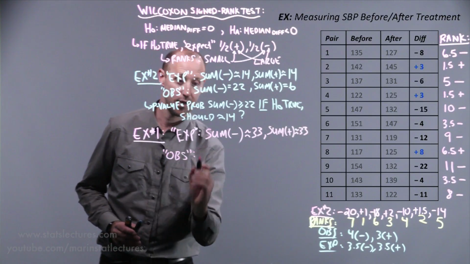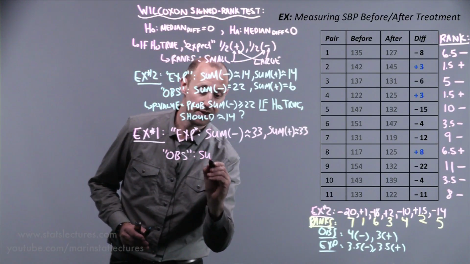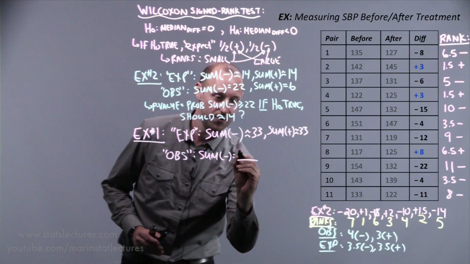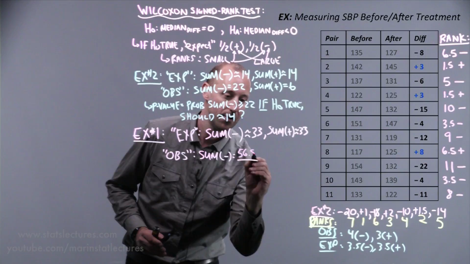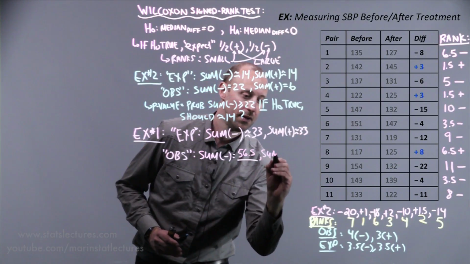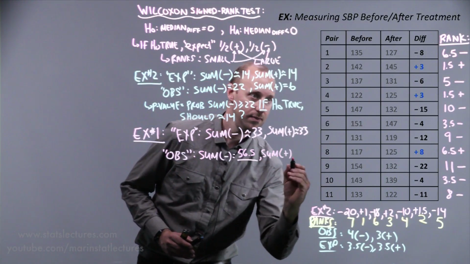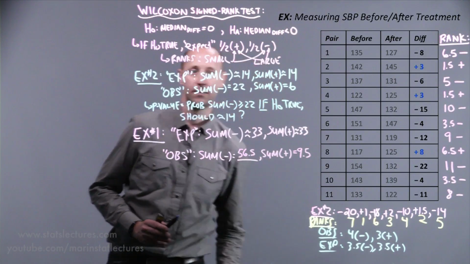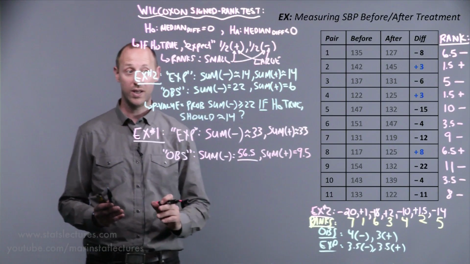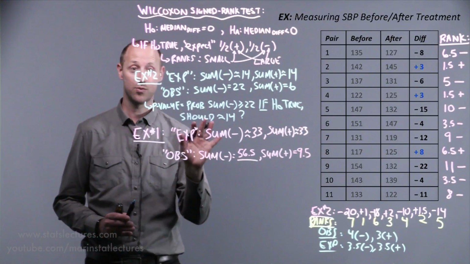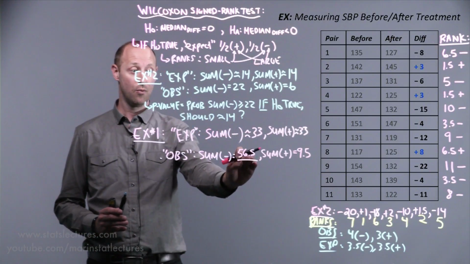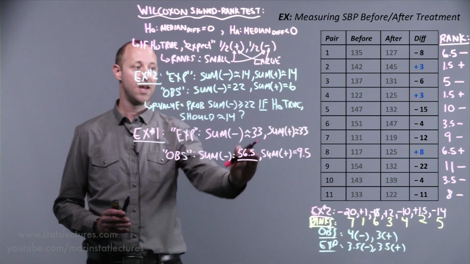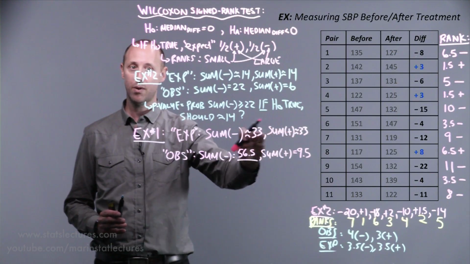When we actually did this for our observed data, we saw that the sum of the decreases came out to be 56.5, and the sum of the increases came out to be 9.5. And so again, we can calculate a p-value, which tells us the probability of observing what we did in our sample, or something even further from the null, or more extreme, if the null is true.